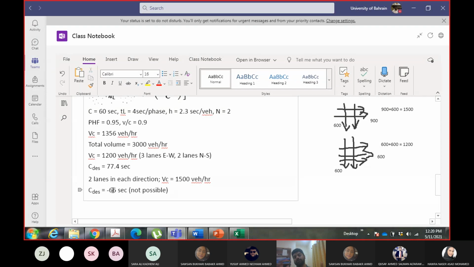So either remove the restriction of the number of lanes or change some other parameter in the equation, like we have done in the previous example with the V by C ratio. With the current parameters of the signal and with the V by C ratio of 0.9 and 2 lanes in each direction, signal design is not possible. Negative value means signal design is not possible.